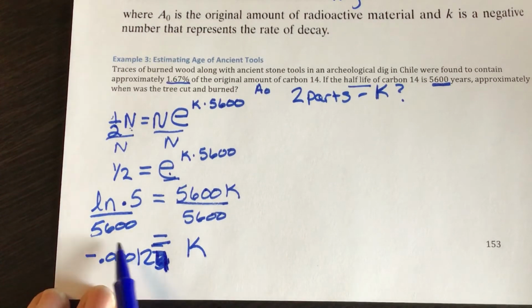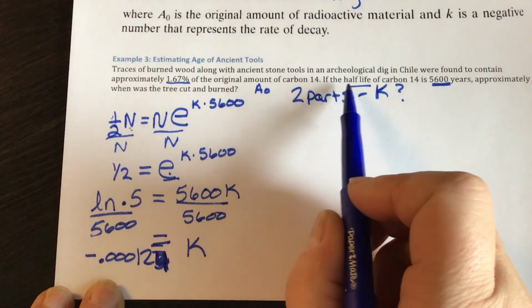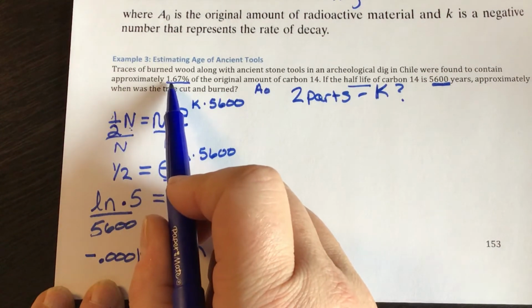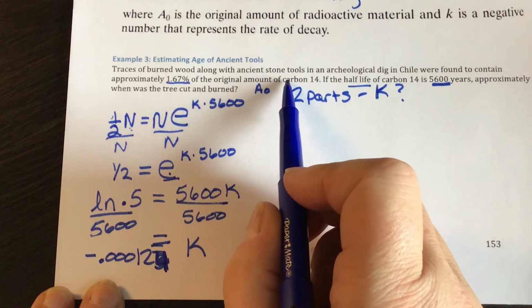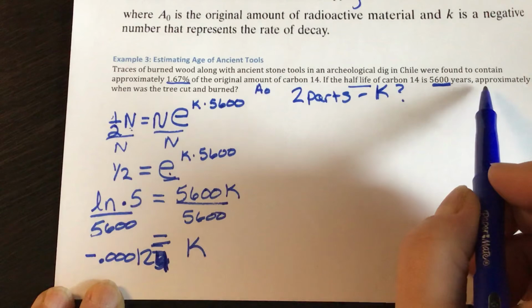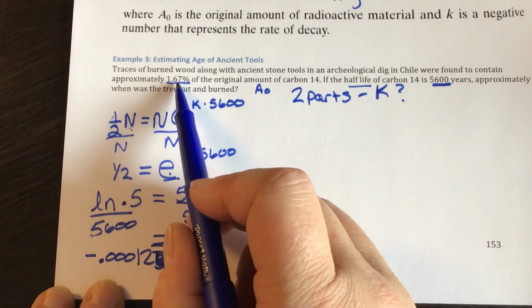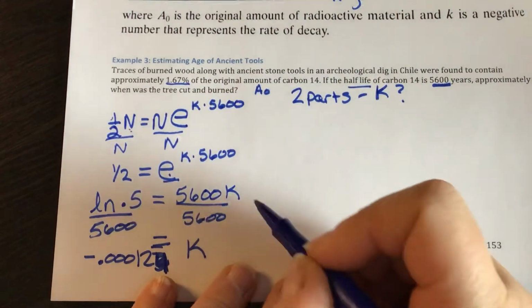All right, so if I use K here, I want to find out how long it took to get to 1.67% of the original amount. So let's think about this.